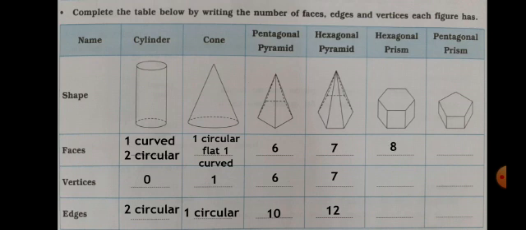It has 8 faces, 12 vertices and 18 edges. Pentagonal prism. It has 7 faces, 10 vertices and 15 edges.